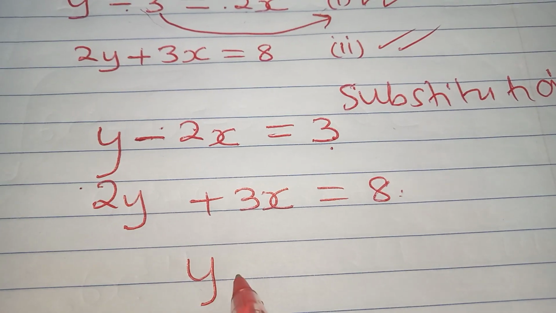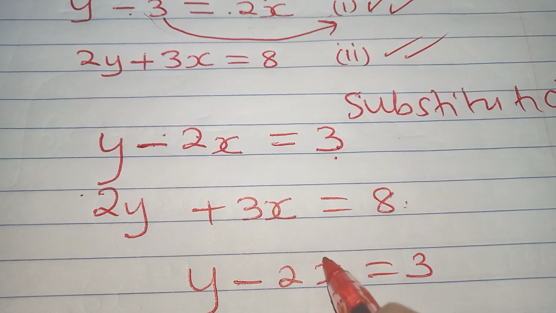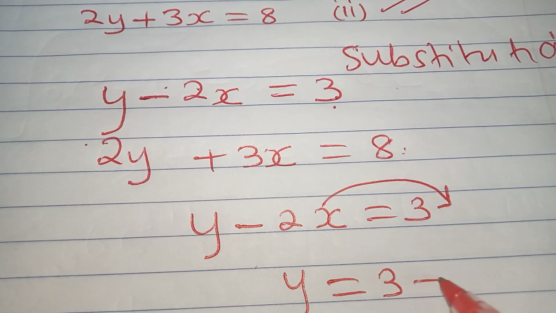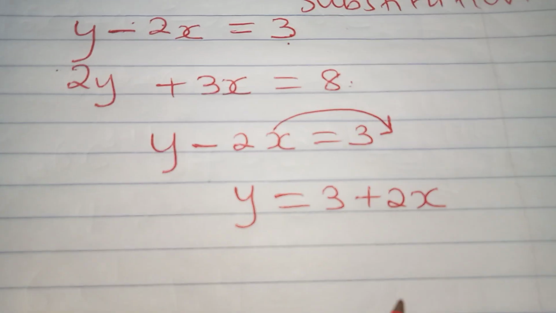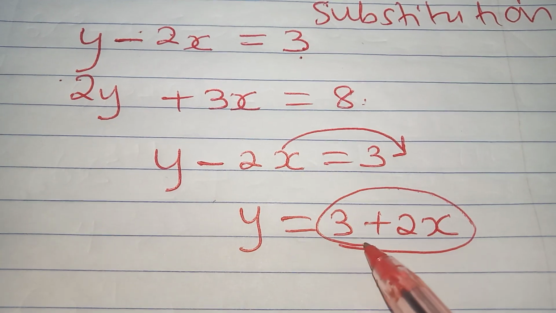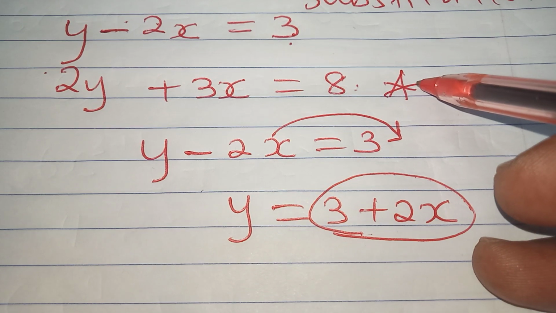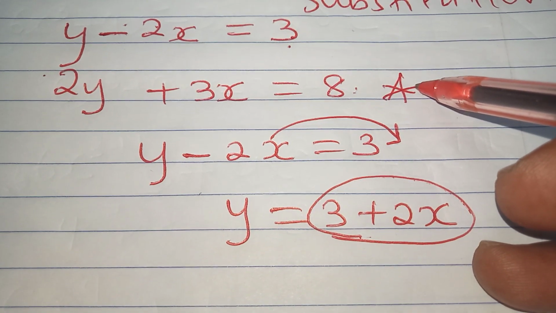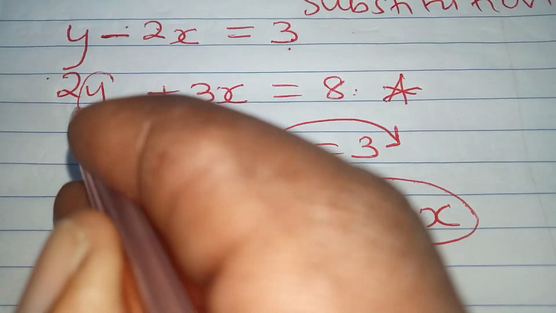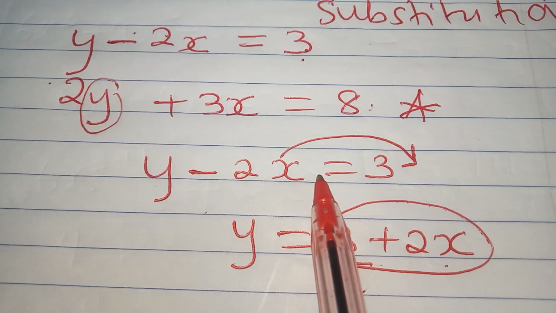I'll say y less 2x is equal to 3. I'll take the 2x to the other side, so I'll end up having y is equal to 3 plus 2x. This is an expression that represents the value of y. Now I come to my next equation, 2y plus 3x is equal to 8, and where there is y, I substitute this expression obtained from the first equation.